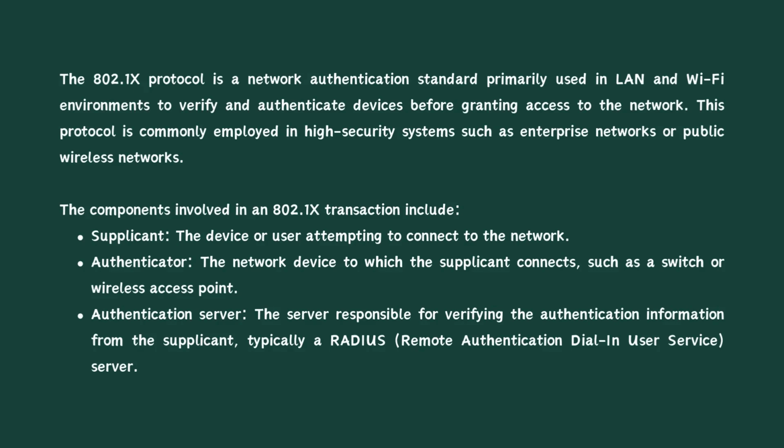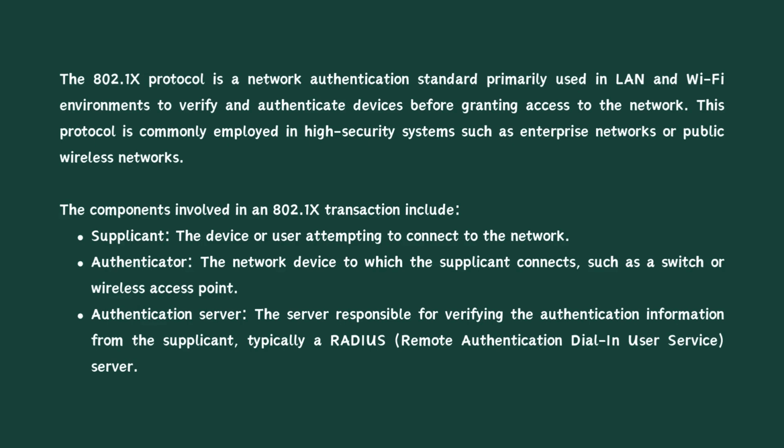The 802.1x protocol is a network authentication standard primarily used in LAN and Wi-Fi environments to verify and authenticate devices before granting access to the network. This protocol is commonly employed in high-security systems such as enterprise networks or public wireless networks.